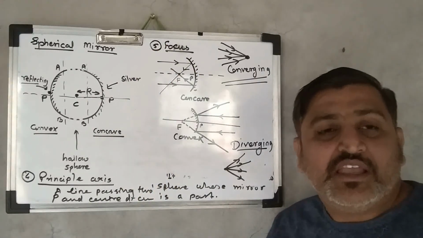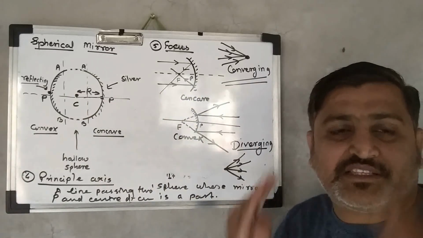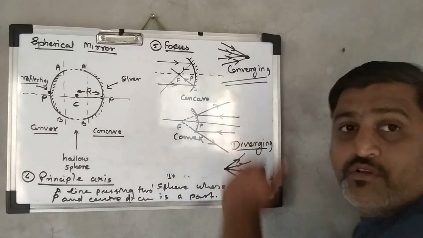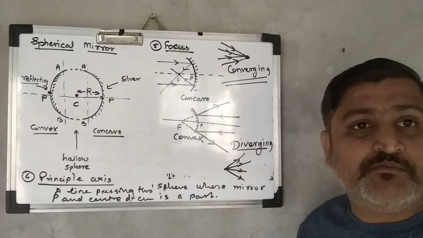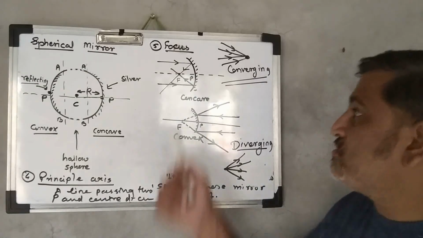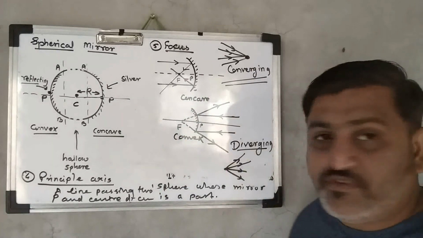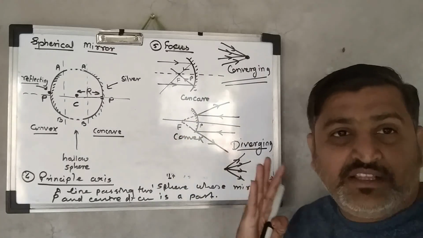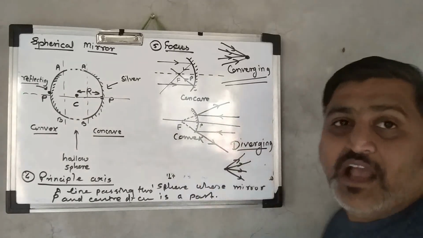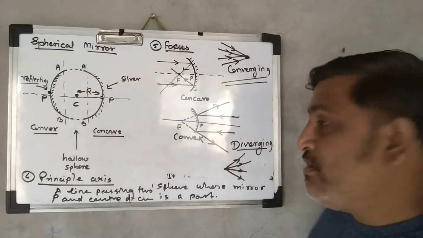In the case of the concave mirror, the focus is a point on the principal axis where, after incidence of the parallel ray of light on the concave mirror, the reflected rays actually meet. In the case of the convex mirror, when the incident ray of light parallel to the principal axis is reflected, it seems to diverge from a single point.